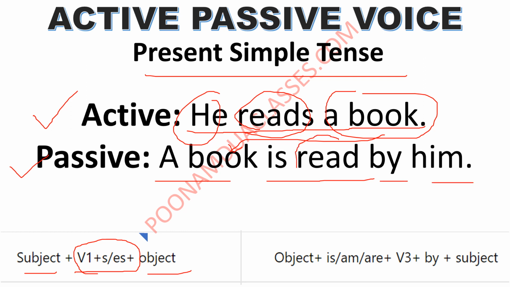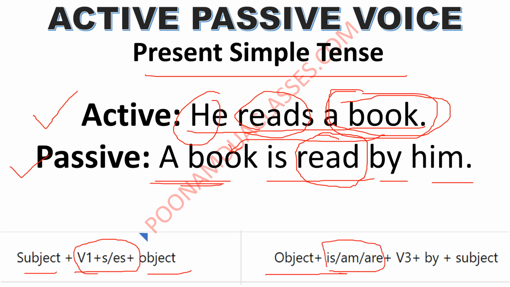The basic rule of every passive sentence is that we always use the third form. Object comes here, a book comes here, plus is, am, are. आप देखिए book के साथ क्या सूट करता है, is, am और are. अगर यहाँ पर होता कि he reads books, तो हम यहाँ लिखते books, और books के साथ हम यूज करते are.